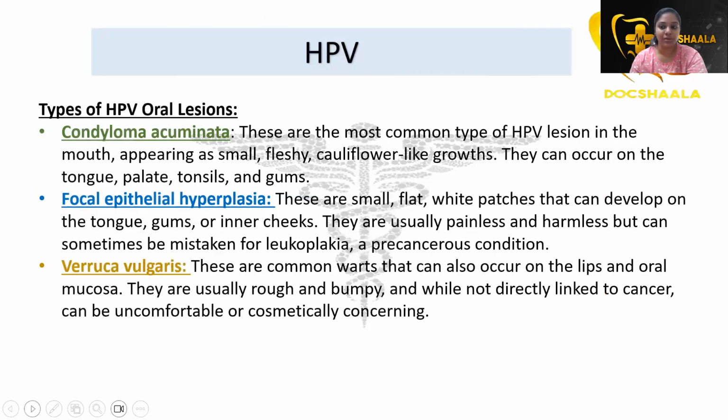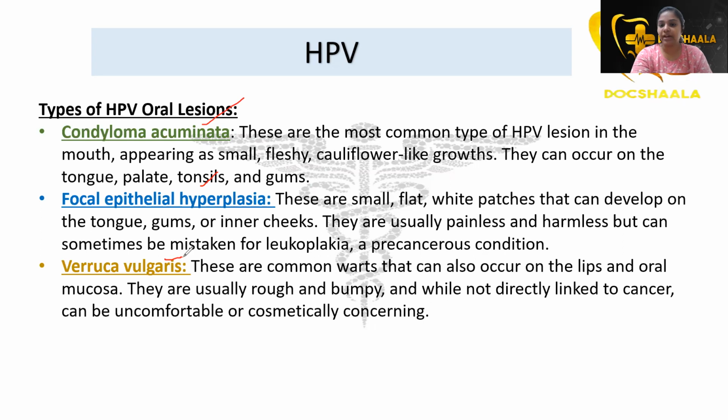Then coming to HPV, human papilloma virus. The types of oral lesions that this virus produces are condyloma acuminata, focal epithelial hyperplasia, and verruca vulgaris. Here we will discuss the differentiating points, mainly focusing on those.